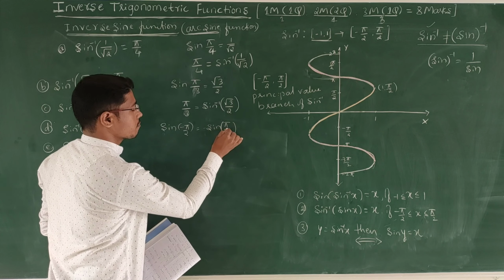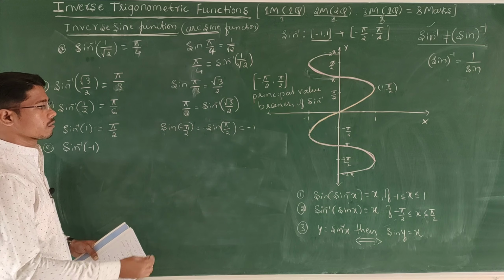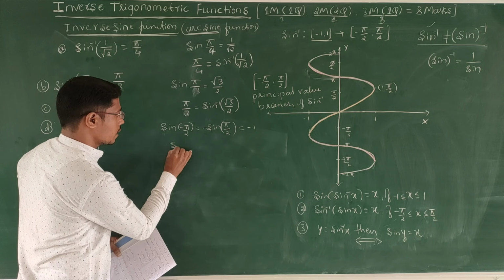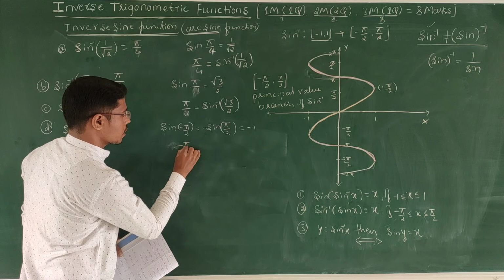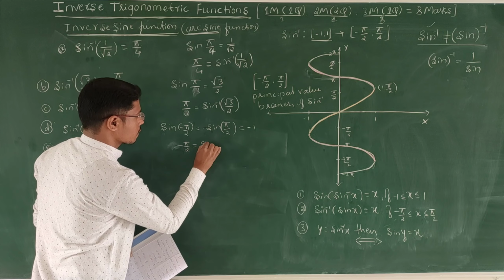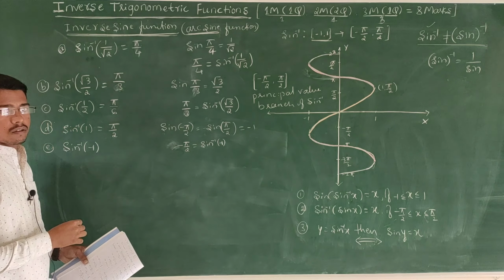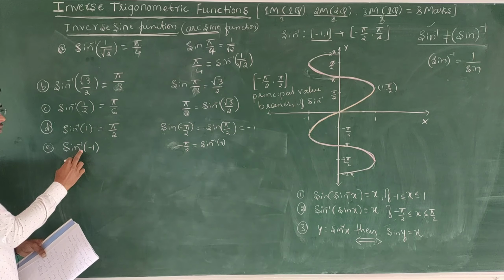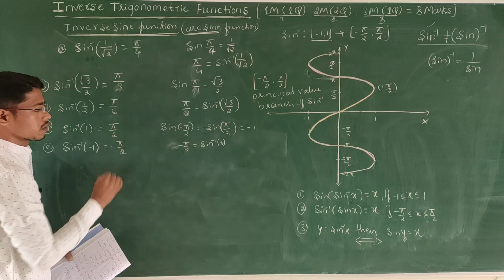Okay, sine pi by 2 is 1. Therefore, take sine to this side, minus pi by 2 equal to sine inverse of minus 1. So what is the value of sine inverse of minus 1? Minus pi divided by 2.